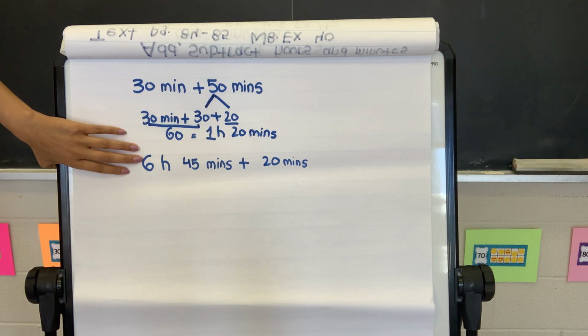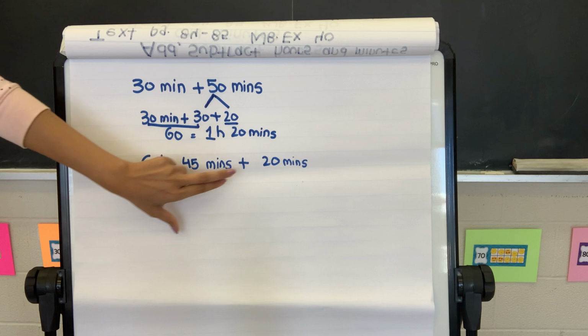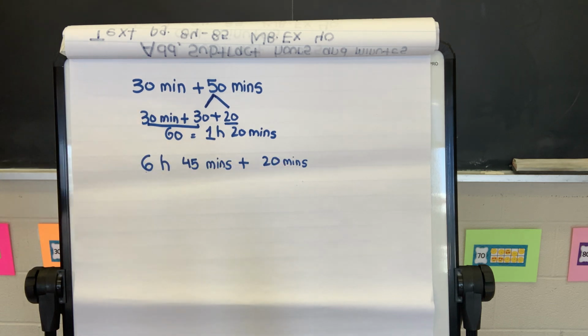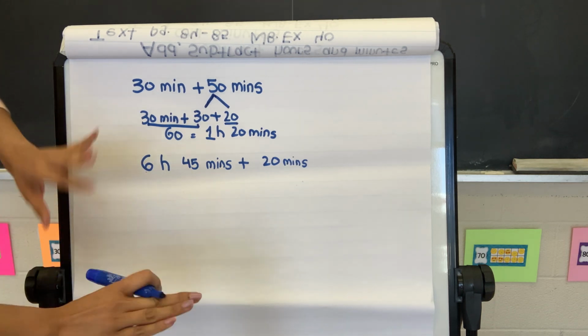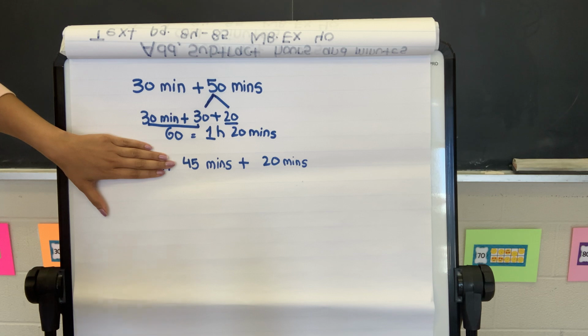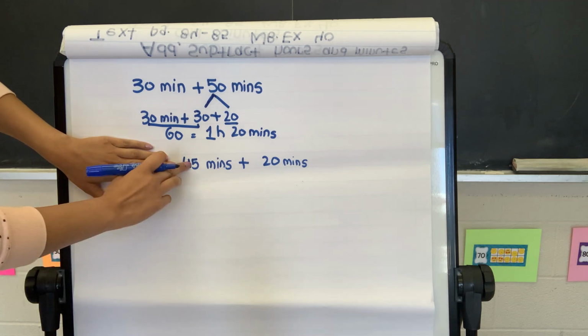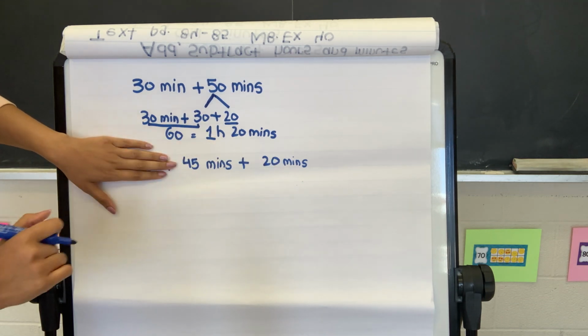Then our next example is 6 hours, 45 minutes plus 20 minutes. Now, if we look carefully, I am not even going to touch my 6 hours yet. What I'm going to do is look at this 45 and 20.